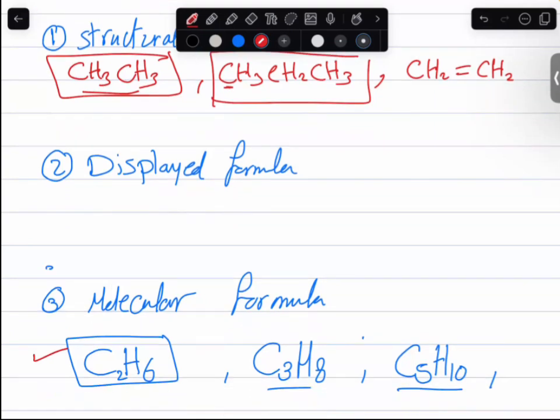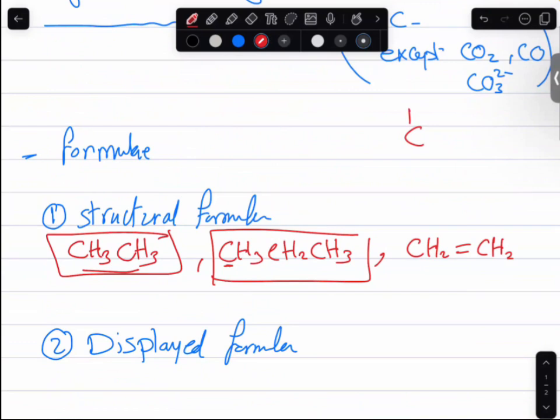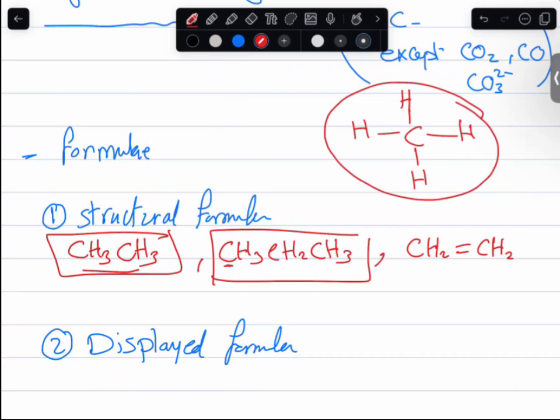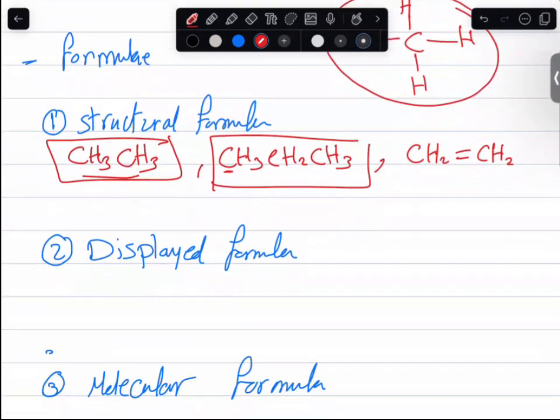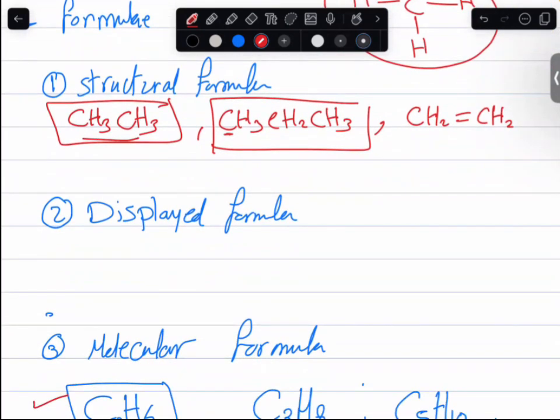The displayed formula is a formula that shows all the bonds. We know that every carbon atom can form a maximum of 4 bonds. So after writing the structural formula or the displayed formula, you have to make sure that every carbon atom is surrounded by 4 bonds. For example, methane is CH4.